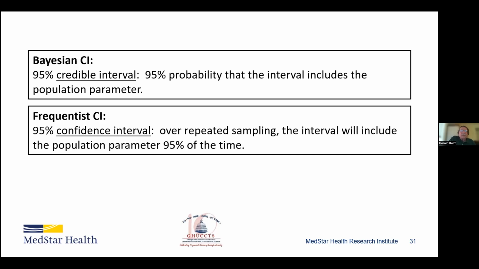In some ways, people like the Bayesian interpretation because it gives you a statement that you can say, well, you're 95% certain that, based on our study, this is the actual probability that we can come up with for rejecting or accepting the null hypothesis.